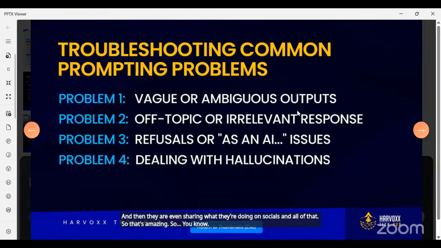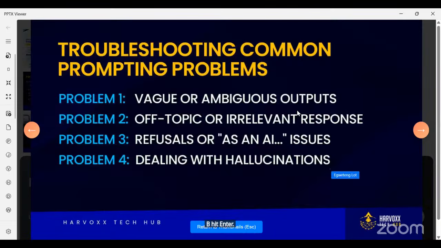So, let's say that you've crafted a prompt by applying all these principles and techniques that we've been discussing since last week. And then you eventually hit enter. You run your API call and you're actually expecting an answer.